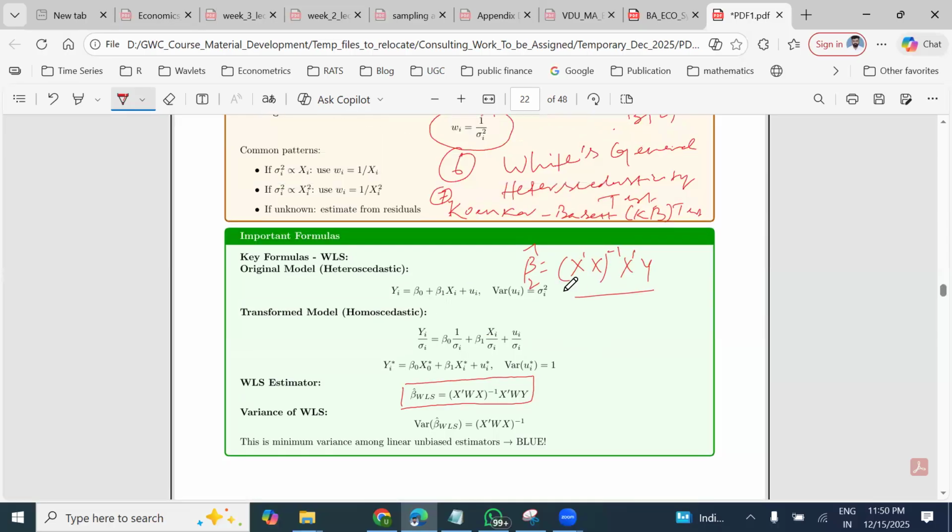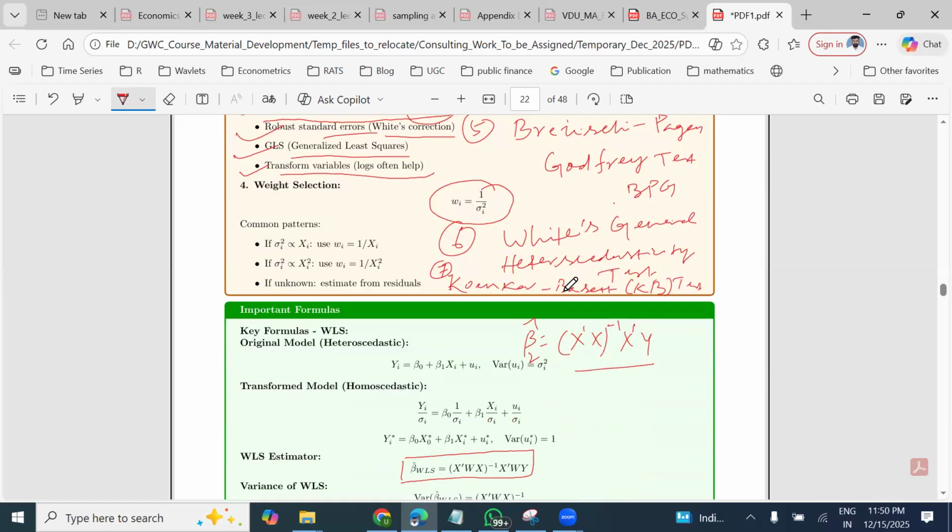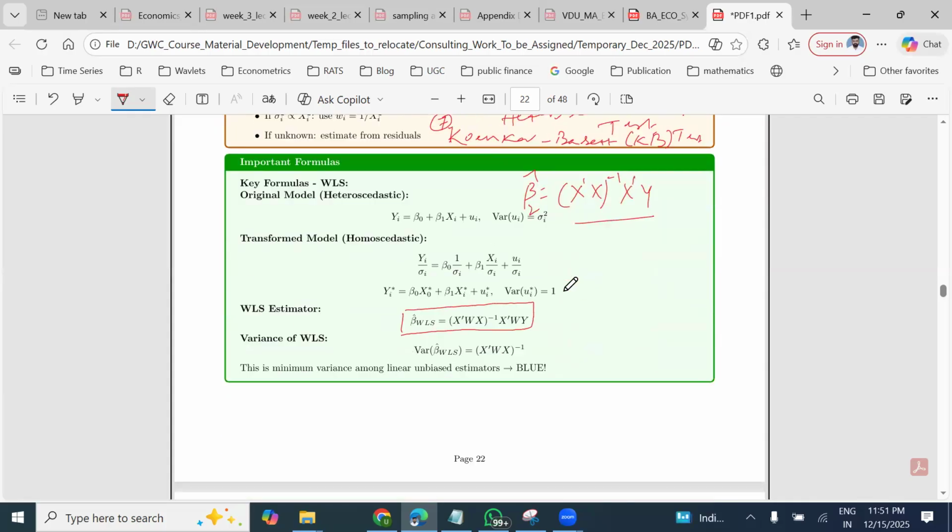Right now you should remember what I told you, where I am putting emphasis: what is the solution to the heteroscedasticity problem? You have to use weights. Weights of sigma squared; basically you can use Wi equal to 1 upon Xi, and 1 upon Xi squared, like that.